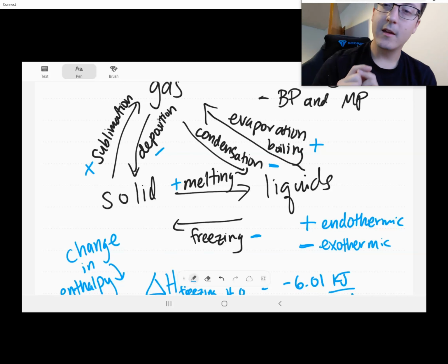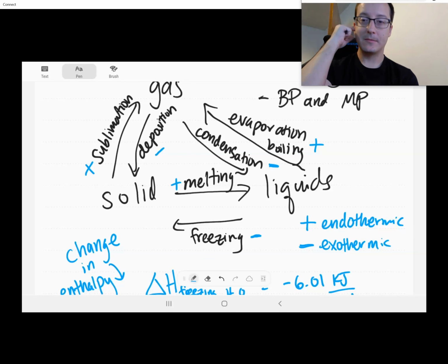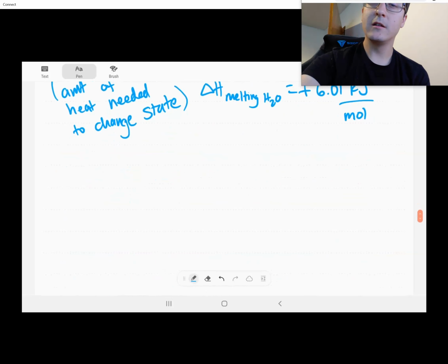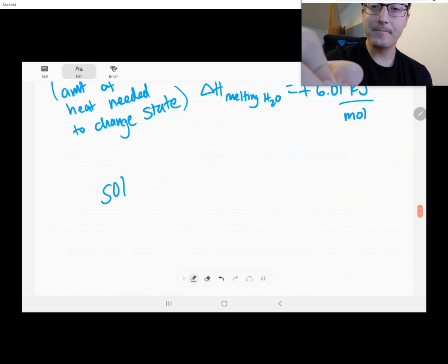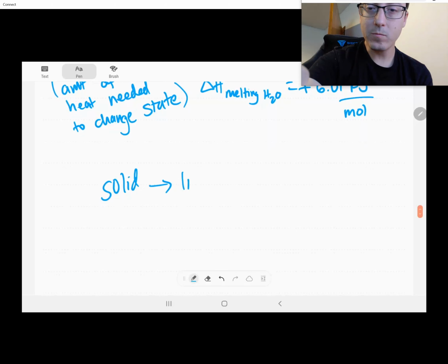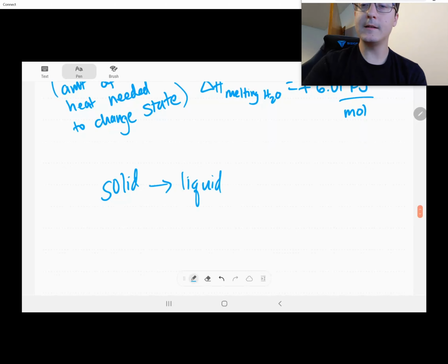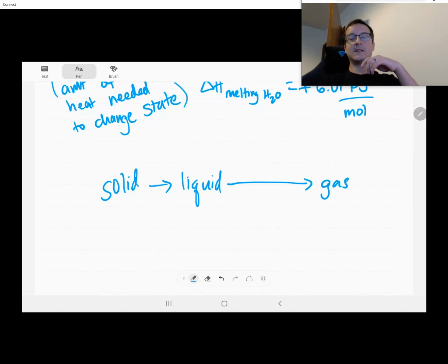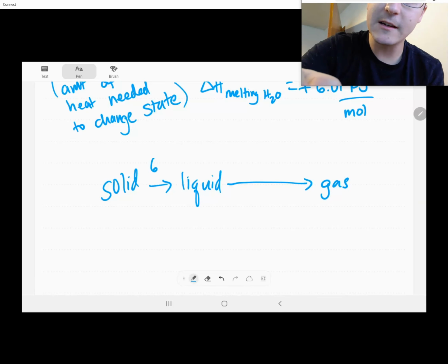Typically, the energy from solid to liquid is a lot less than the energy from liquid to gas. Does anybody have any idea why? For example, for water, it's 6.01 kilojoules per mole, and then 44 kilojoules per mole.